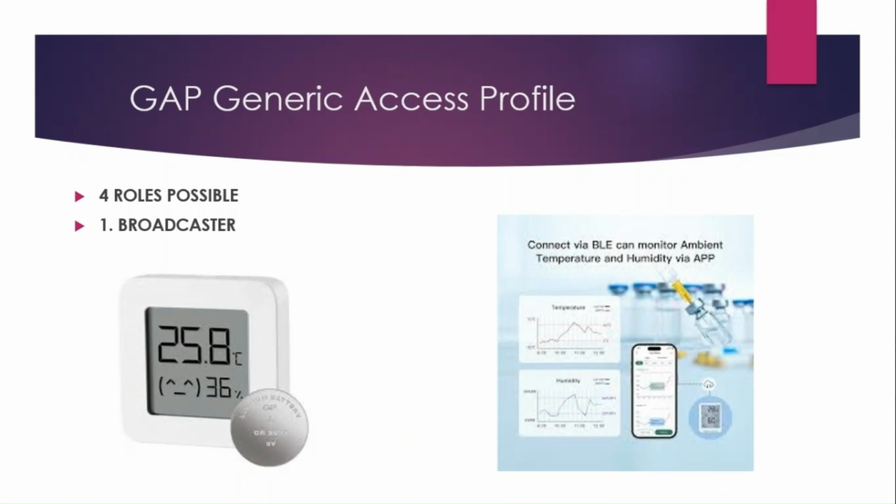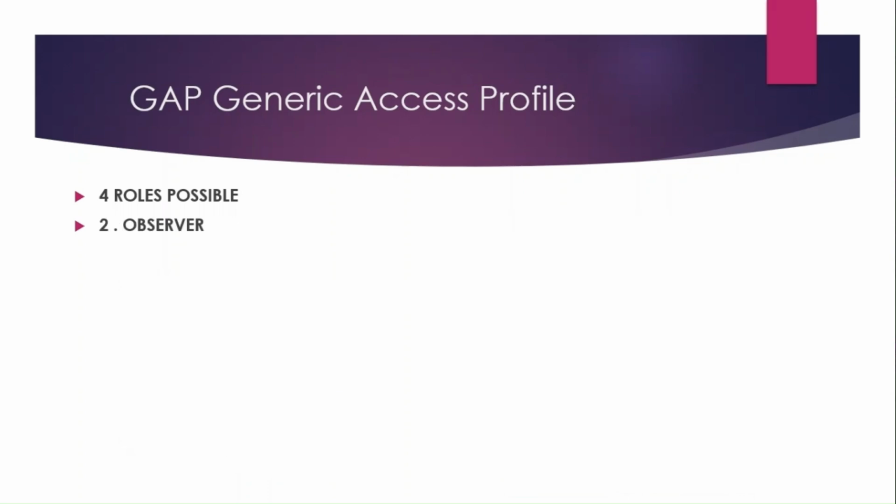For example, a BLE thermometer which keeps advertising the temperature every now and then, or ambient temperature sensors which keep advertising temperature data. These are acting in a broadcaster role. They just keep sending data every now and then. That was the first role.